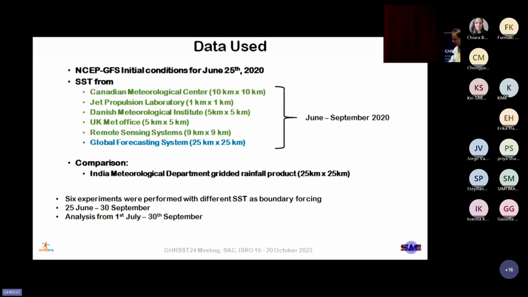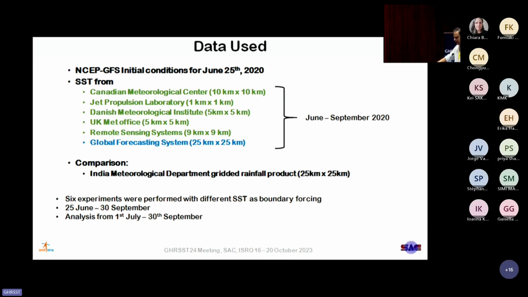So this is the experimental setup, and the data sets that we have used to carry out these experiments are as follows. The model has been initialized using the NCEP GFS initial conditions for the 25th June 2020.